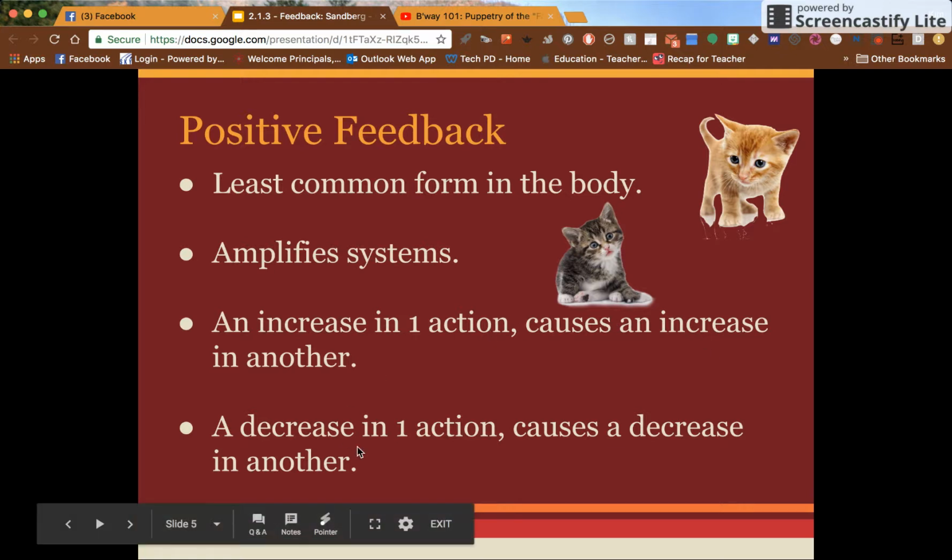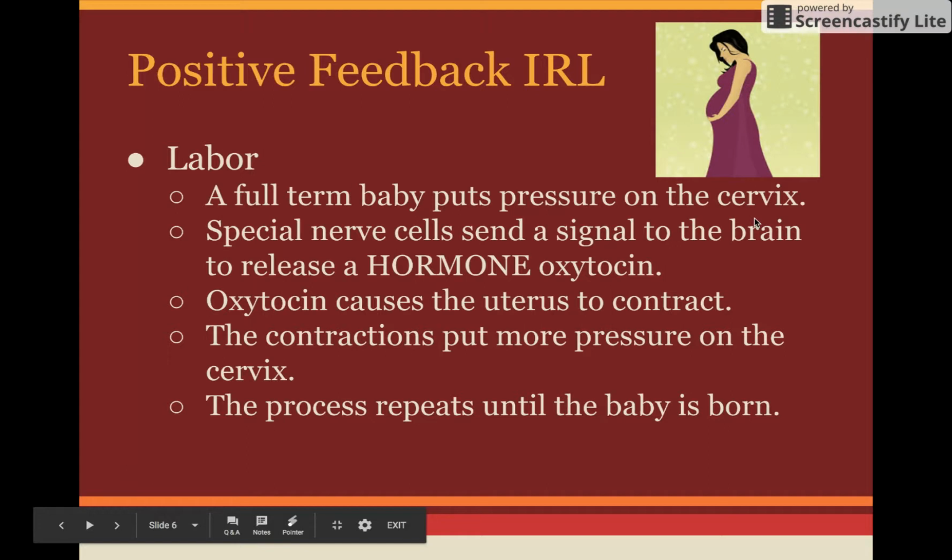I don't have an example where a decrease in one causes a decrease in another, because the one in the body that I have is labor. One of the few examples of positive feedback is what happens in labor. Your endocrine system releases a hormone called oxytocin, which causes the uterus to contract.